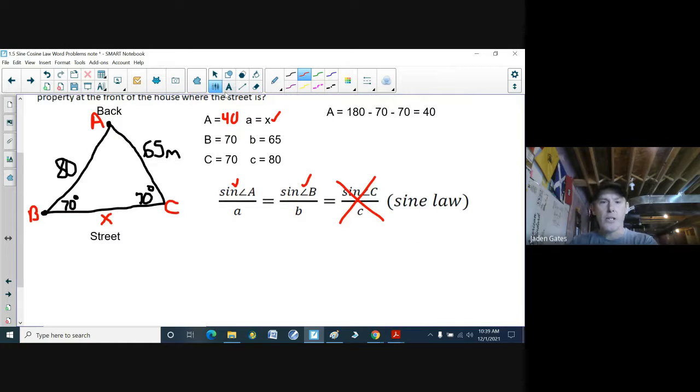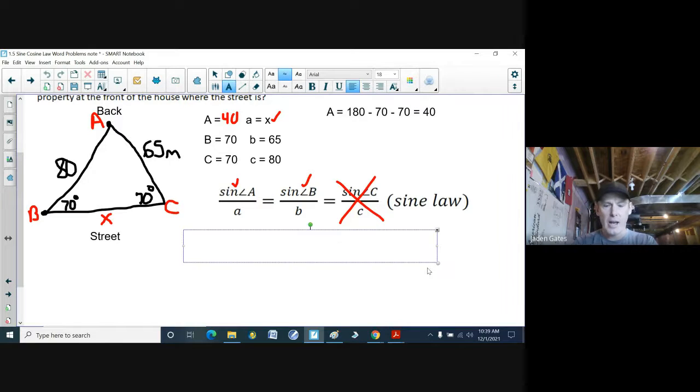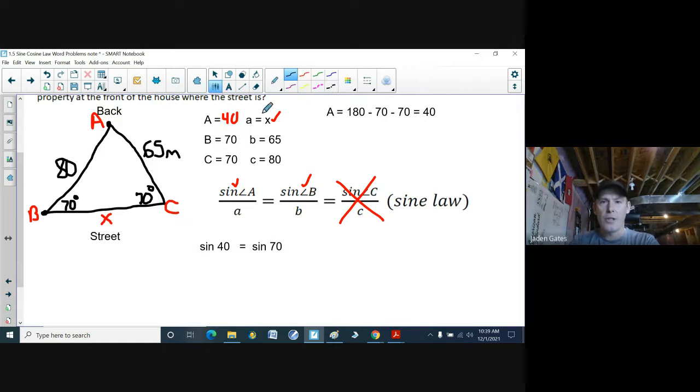All right, so now it's time to substitute in. So on the top, I'm going to have sine 40 equals, and on the other top, I'm going to have what's angle B, 70. So sine 70. The denominators, side A, that's what we're trying to find out here. That's X. And side B here is 65.